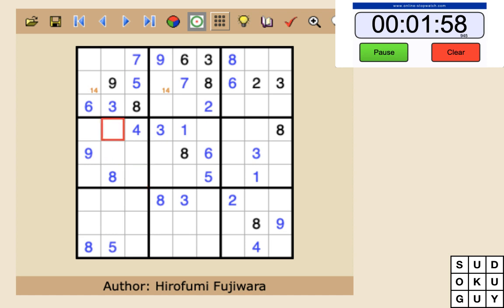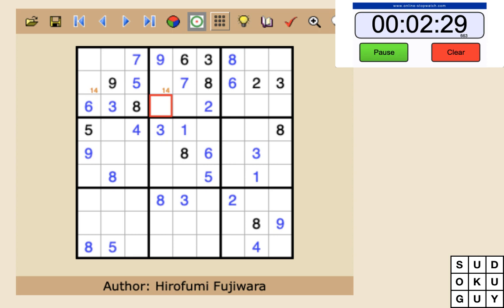Here or here. Ooh, 5s. 5s are gonna be... Oh, no, wait. That's all I can do for 5s.